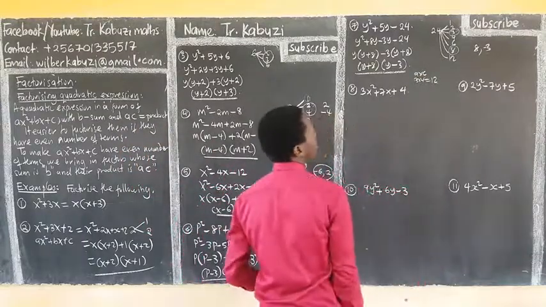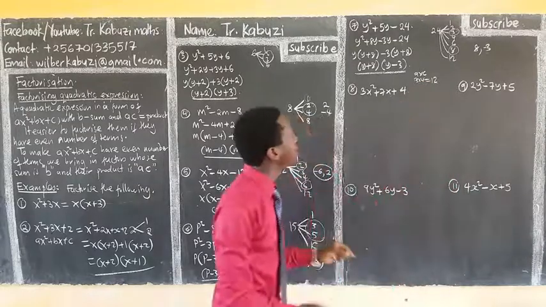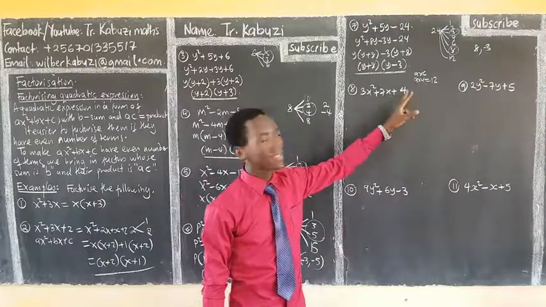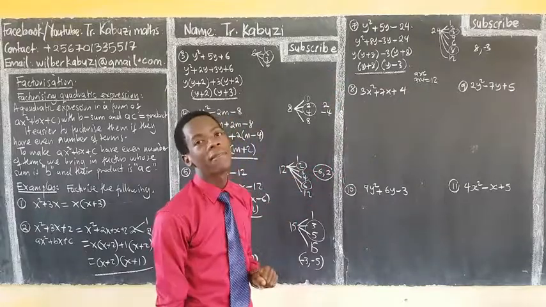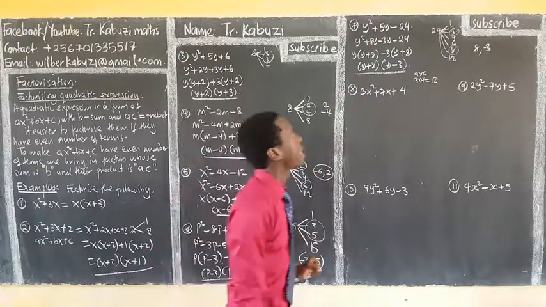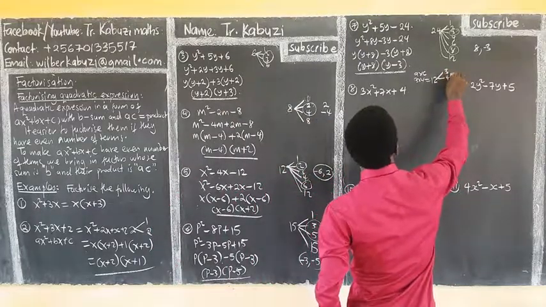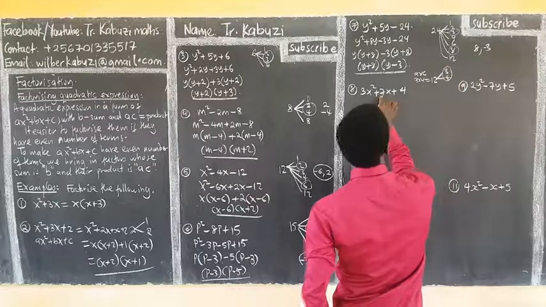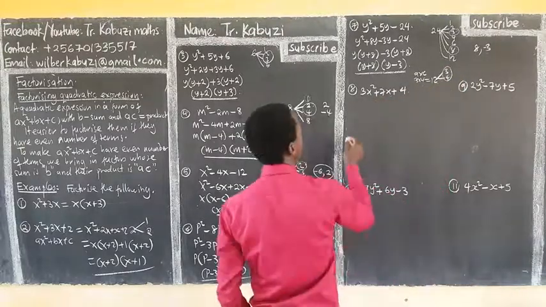Okay, so which factors this thing? In most cases, not all cases, they are most likely to give you the 2 factors. Anyway, you see this will be 3 and 4. When I add them, I get 7. When I multiply them, I get 12. So I have the pair already.